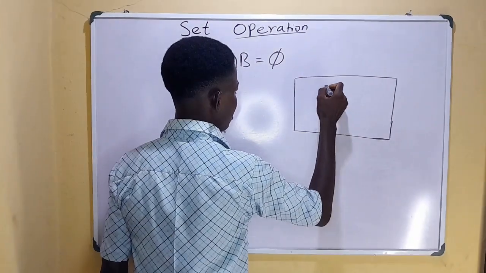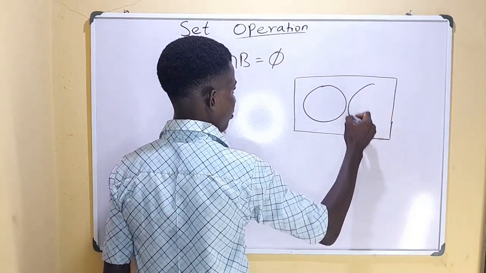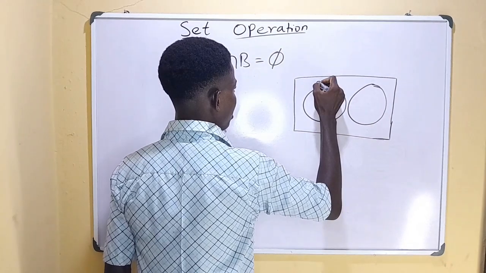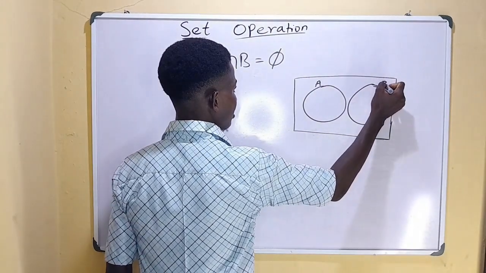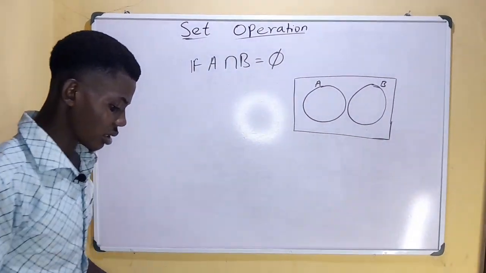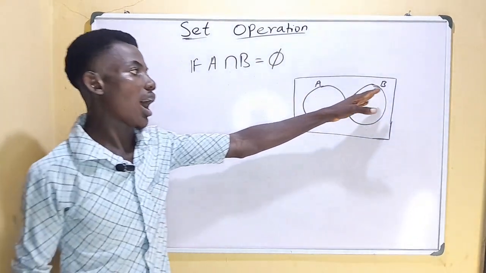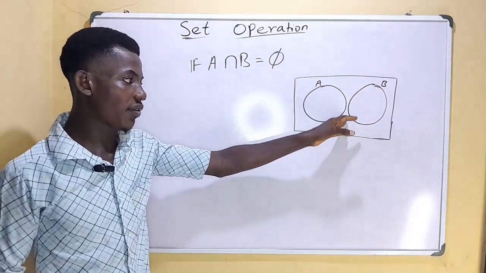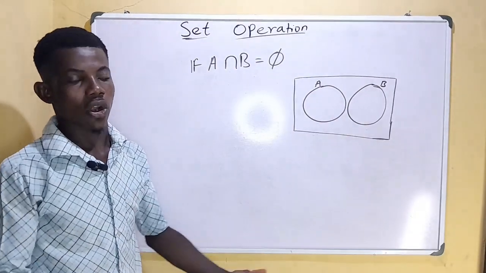We can represent this in a Venn diagram. This is A and this is B. So A and B have nothing in common.